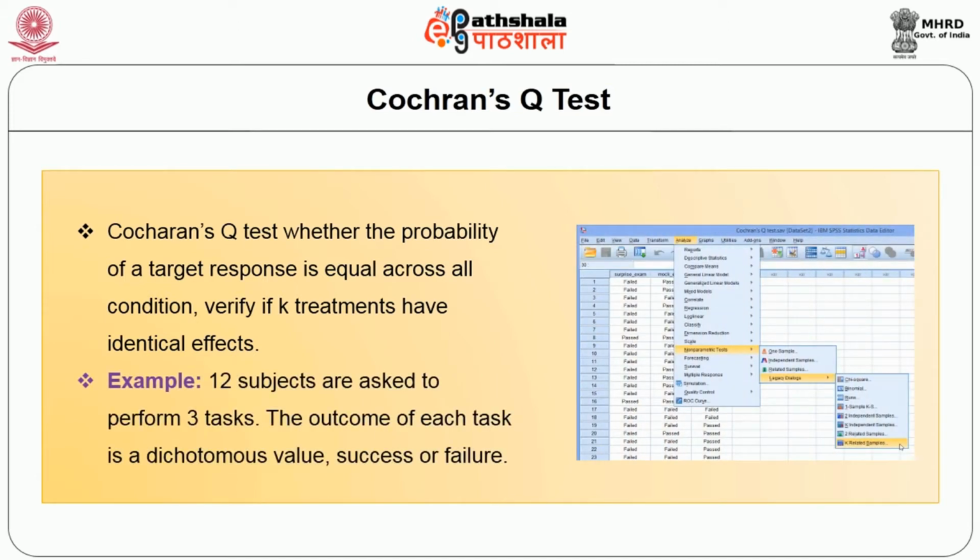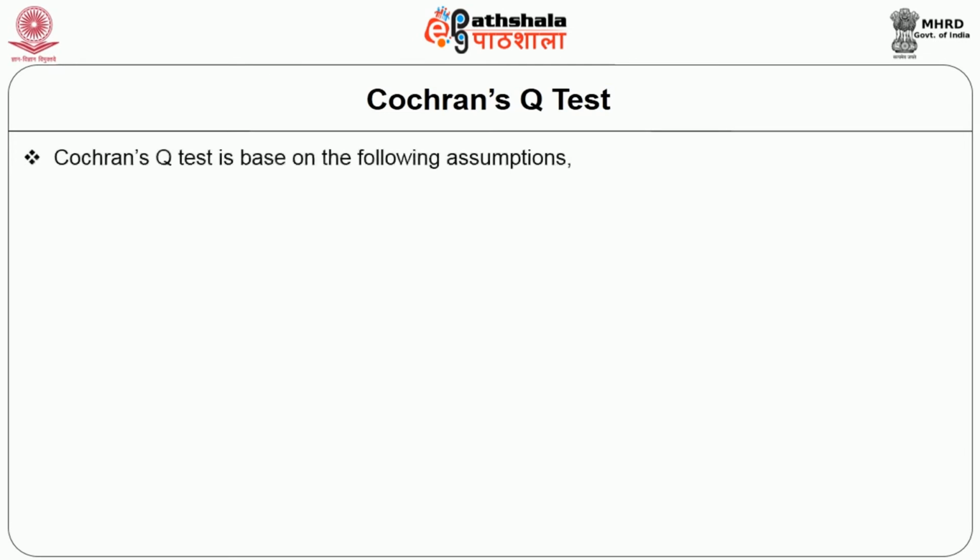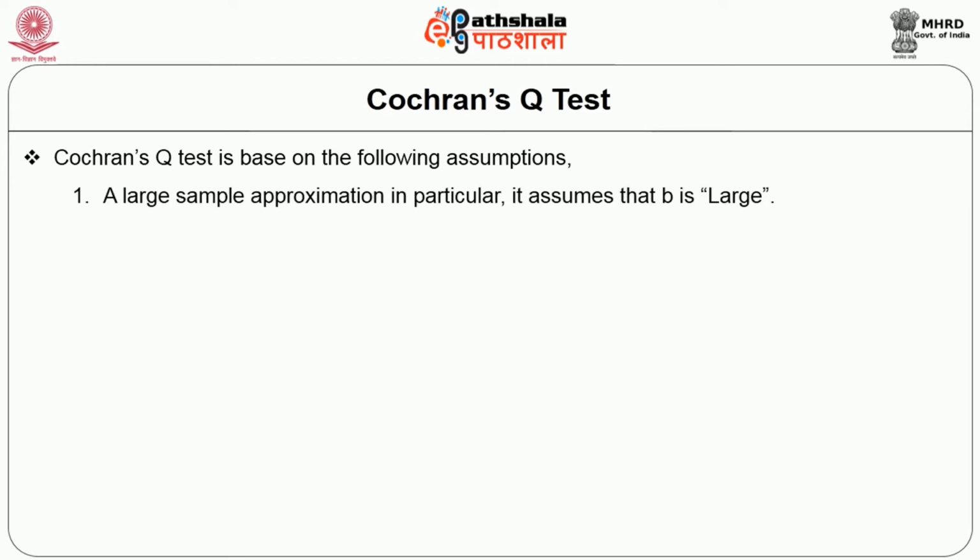For example, 12 subjects are asked to perform 3 tasks. The outcome of each task is a dichotomous value, that is success or failure. Cochran's Q test is based on the following assumptions. First, a large sample approximation; in particular, it assumes that B is large.